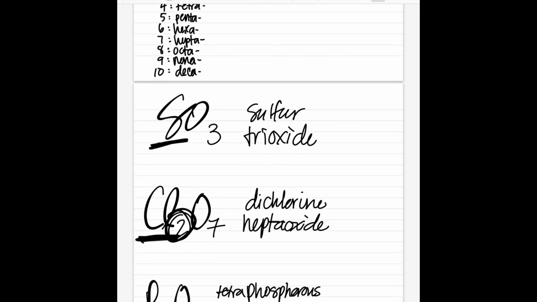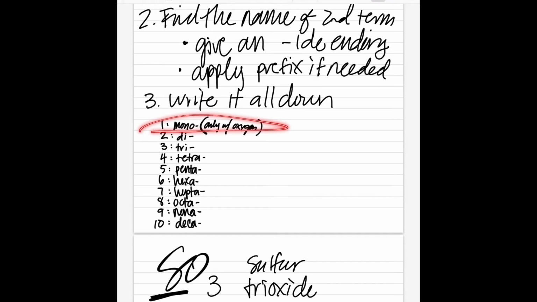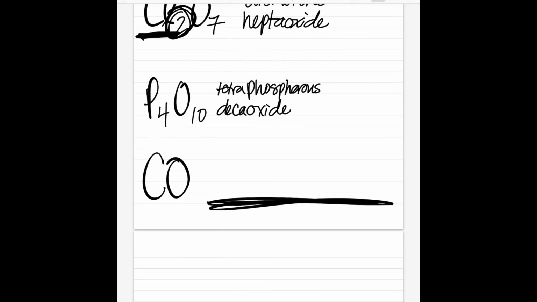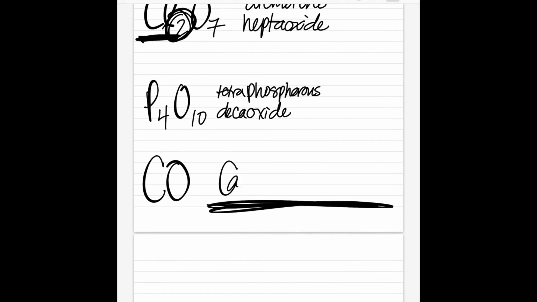Okay, so this one, there's no prefix here, there's no prefix here. It is covalent, so I'm going to use my prefixes, but those are understood to be ones. Now, on carbon, I'm not going to write mono, because remember, the only time you use the prefix mono is with oxygen. So the name of this is carbon monoxide.